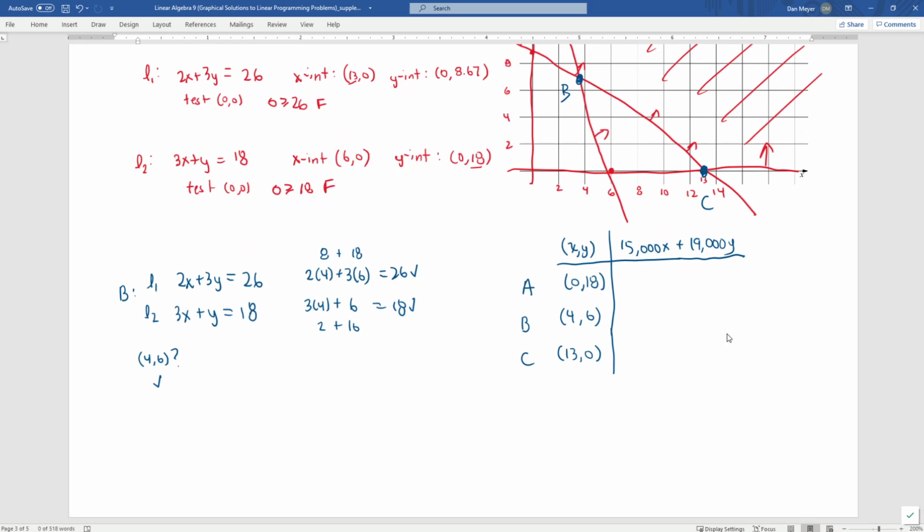And so if we plug in point A, 0 for x and 18 for y, so 15,000 times 0 plus 19,000 times 18. So our operating costs at that corner point are $342,000.